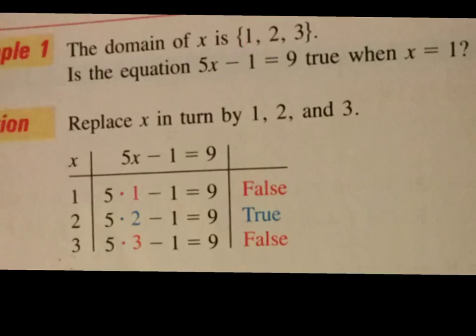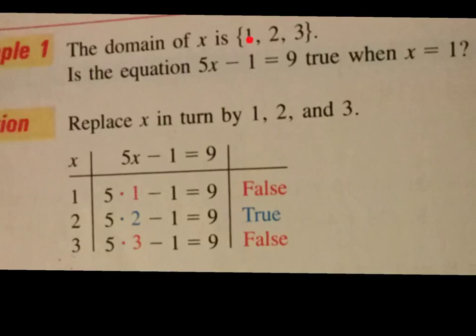And then instead of an expression, they give us an equation, and they're asking us, when we plug in the number 1 into this equation, is the whole thing true? In other words, does this side equal that side, right? And then we're going to ask that same question for plugging 2 in and plugging 3 in. The strategy that they give us is one that I really like, building a table here.